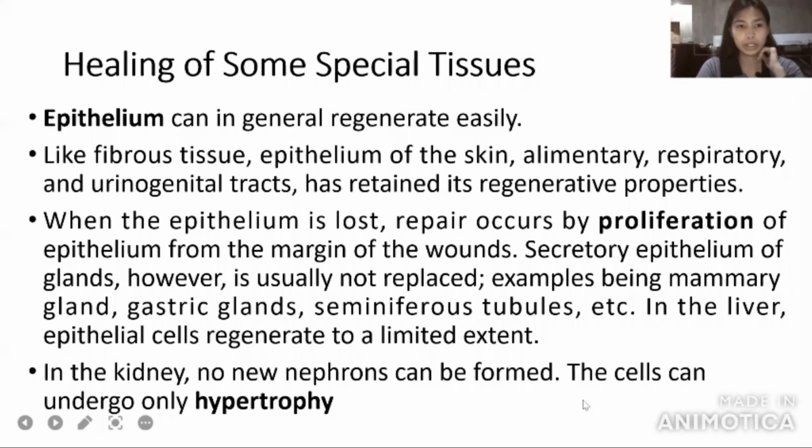of some special tissues. So epithelium can generally regenerate easily. When the epithelium is lost, repair occurs by proliferation of epithelium from the margin of the wound. In the kidney, however, no new nephrons can be formed. These cells undergo only hypertrophy.